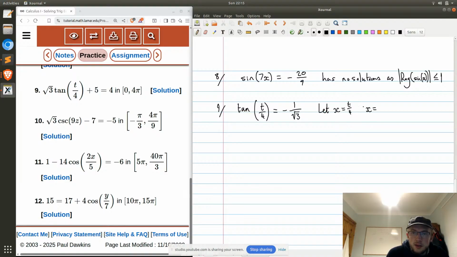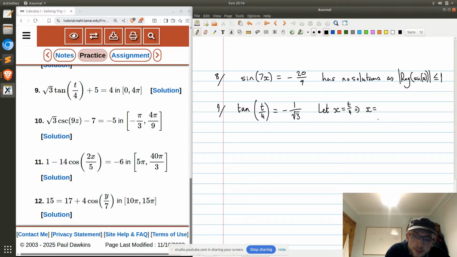Then x is equal to what? Well, that's 30 degrees, isn't it? Or pi over 6, beg your pardon, but that's only when it's positive.